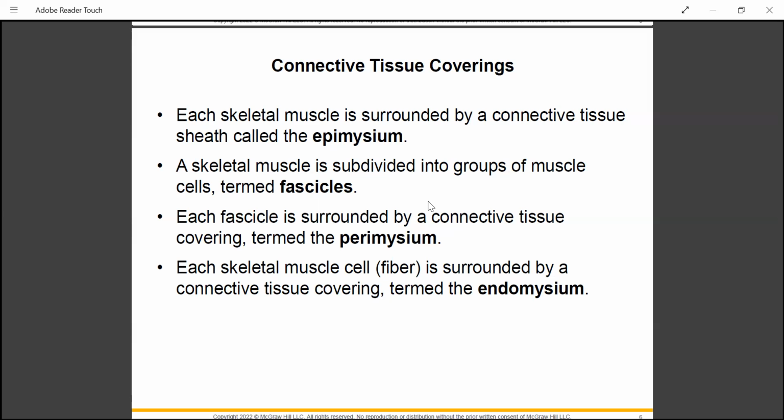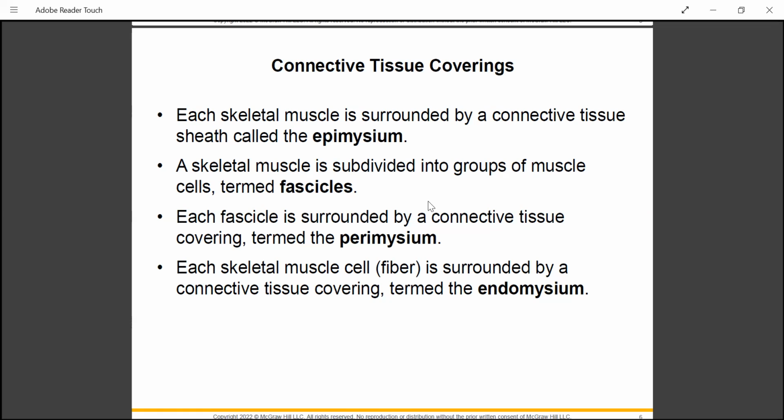And so these groups of muscle cells are going to be named fascicles. So an entire muscle or the whole muscle is made of bundles of fascicles. So each fascicle is surrounded and organized, kind of held together by a covering known as our perimysium.